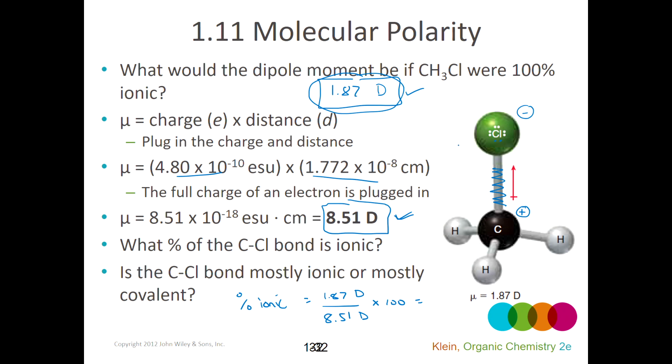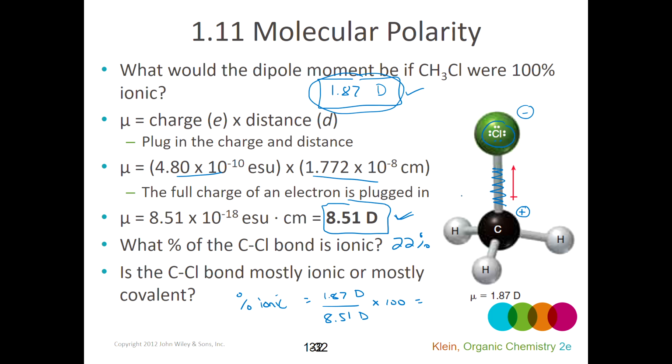So this particular bond is only about 22% ionic, and that means it's 78% covalent, right? Which is not surprising, because if I take the electrons and put them only on the chlorine and make it ionic, then the carbon doesn't have a noble gas configuration, and it creates these unstable formal charges, especially the one on the carbon.